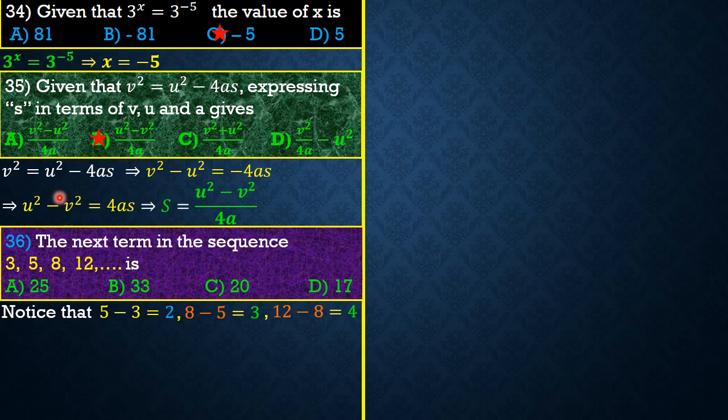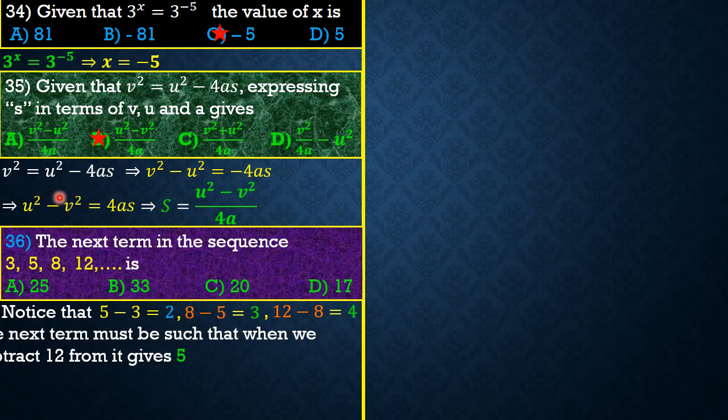It means that the next term has to be something that, if we subtract 12 from it, we are going to have 5. And that value must be D, because if we take 17 minus 12, we have an answer of 5.